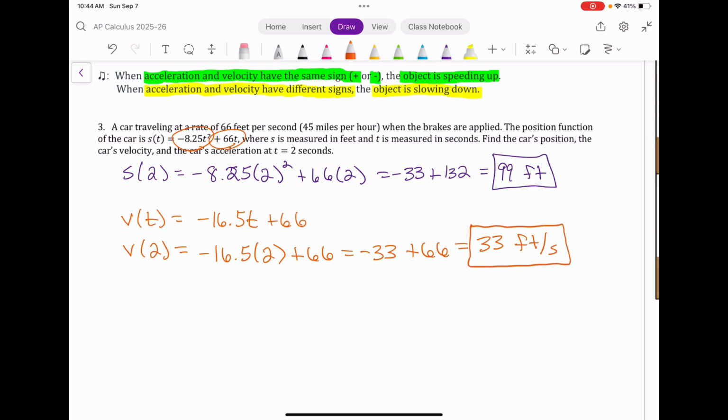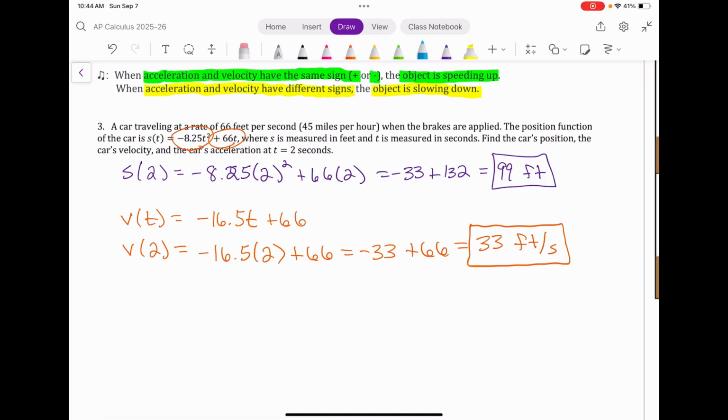Okay, positive velocity. Okay, the acceleration would be the derivative of velocity, right? Or the second derivative of position. So that would just be negative 16.5 t.